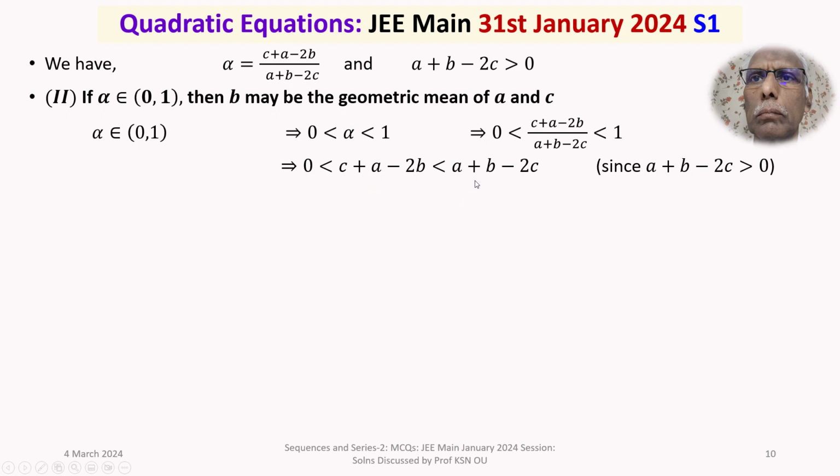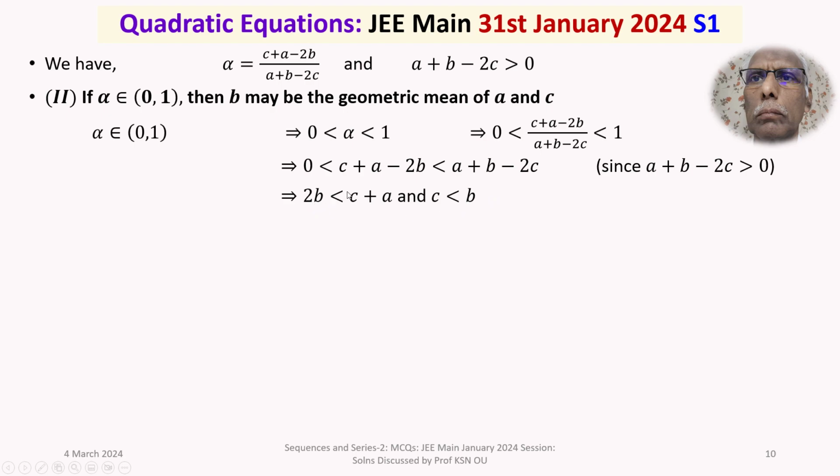Right. And this again gives you two inequalities. The first one, 0 less than c plus a minus 2b, will give you 2b is less than c plus a. The second one, c plus a minus 2b less than a plus b minus 2c, will give you c less than b.